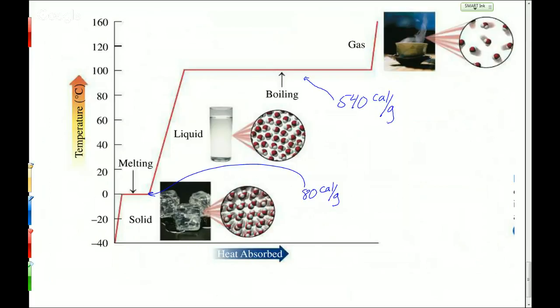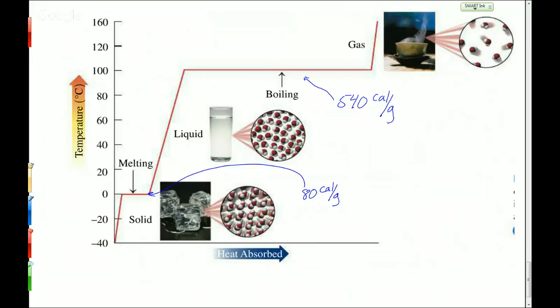That's little c calories. So let's think about our gram of water again. If we heat this up from 0 to 100 degrees, how many calories does that take? To get 1 gram of water to go from 0 to 100. How many calories? 100, because each calorie takes it 1 degree.